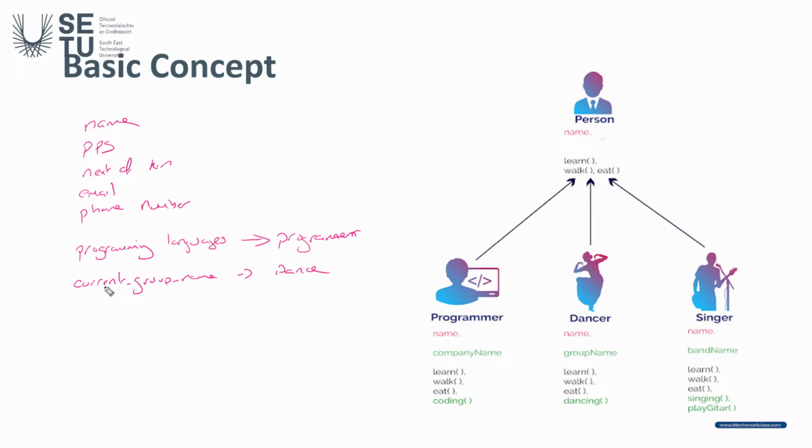And for the singer, you might need to know if they're in a band, and so on, type of singer maybe. Whether they sing pop or classical or whatever it is.